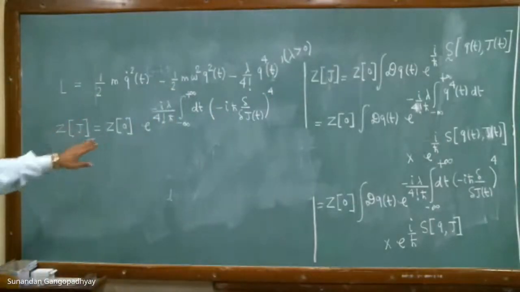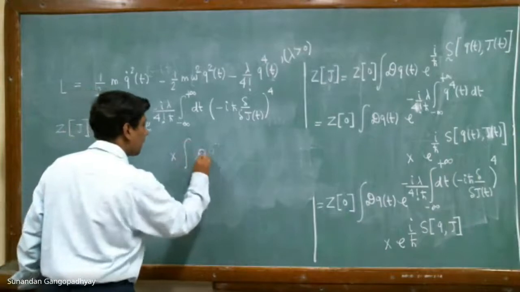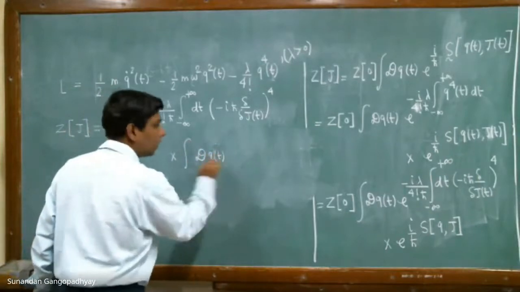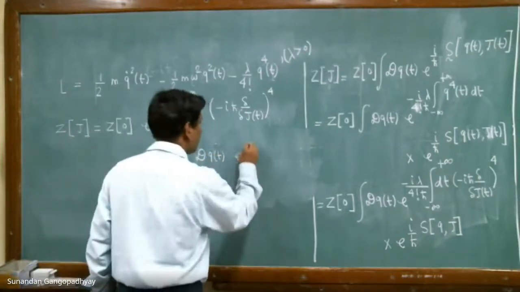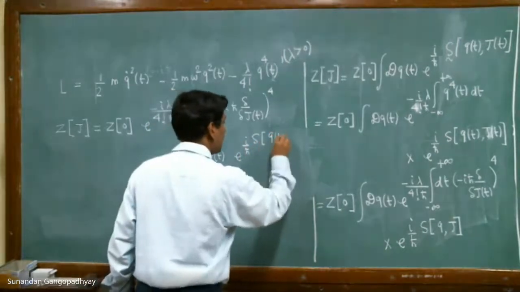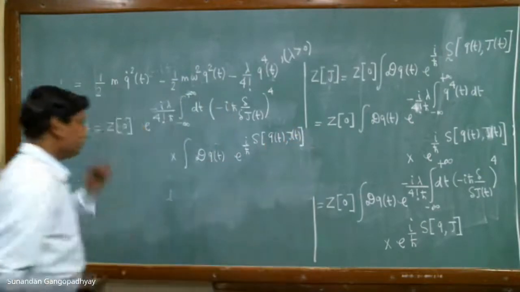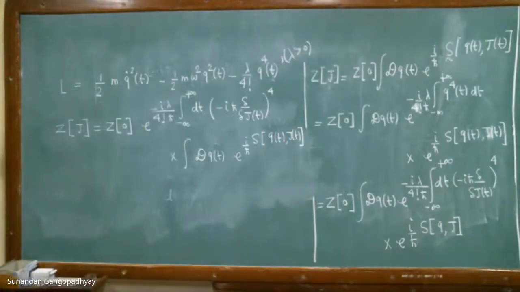So this full factor can be taken outside, and this acts on the integral Dq e to the power of i by h bar S. So this is what we have.